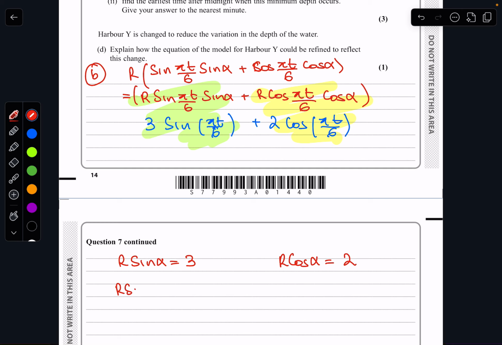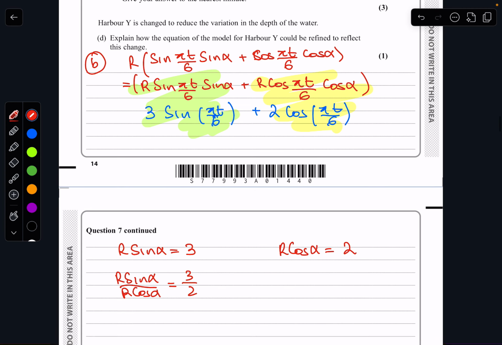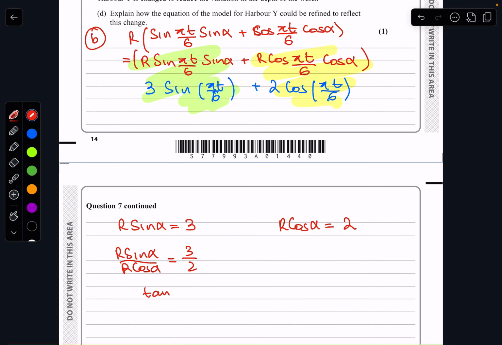So r sine alpha divided by r cos alpha is equal to 3 over 2. The r and r cancel each other out, so that gives us tan alpha is equal to 3 over 2. From there, we can find the value of alpha by doing tan minus 1 of 3 over 2, and that gives us the value of 0.588.